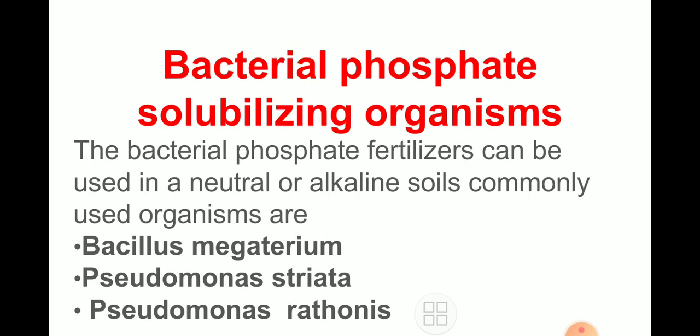Now, the bacterial phosphate solubilizing organisms are those that we have to study very well, but not just for the exam. Don't learn all these things only for the examinations. We should always keep in mind the title of this paper, which is clear-cut: the applications of botany.